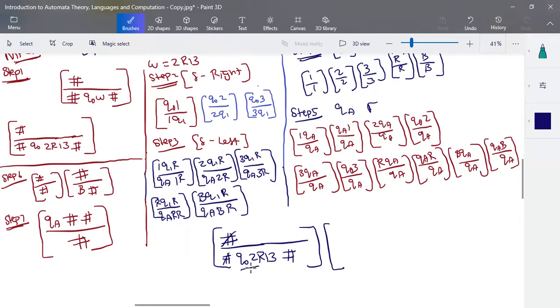Now for q naught and 2, we have to find a domino that has q naught 2 at the numerator. We should have a matching domino, right? See, this is the domino that has q naught 2 at the numerator. So take this domino, q naught 2, and the domino is 2q1. So this q naught matches, and this 2 matches.